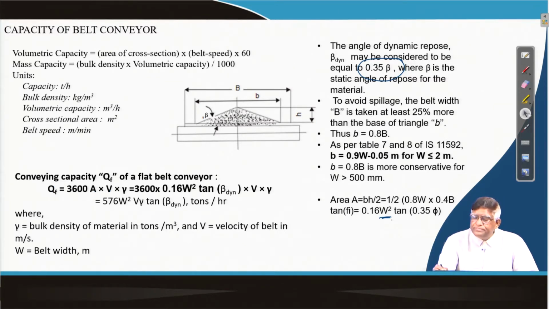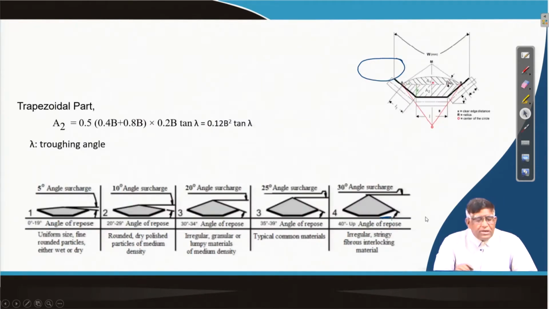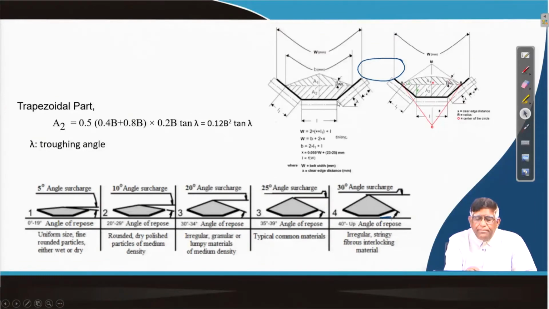Now, coming to the next case, a trough belt. In the case of a trough belt, the material will have two sections: a trapezoidal part and a triangular part.